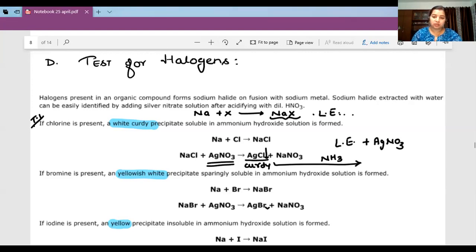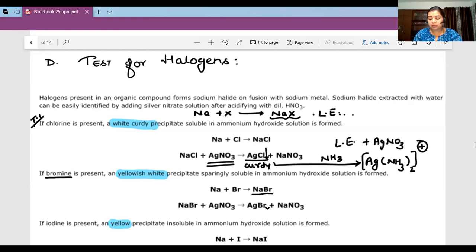AgCl is easily soluble in ammoniacal solution, forming the soluble complex diamminesilver(I). So a white curdy precipitate which is soluble in ammonia indicates the presence of chlorine in the original organic compound.